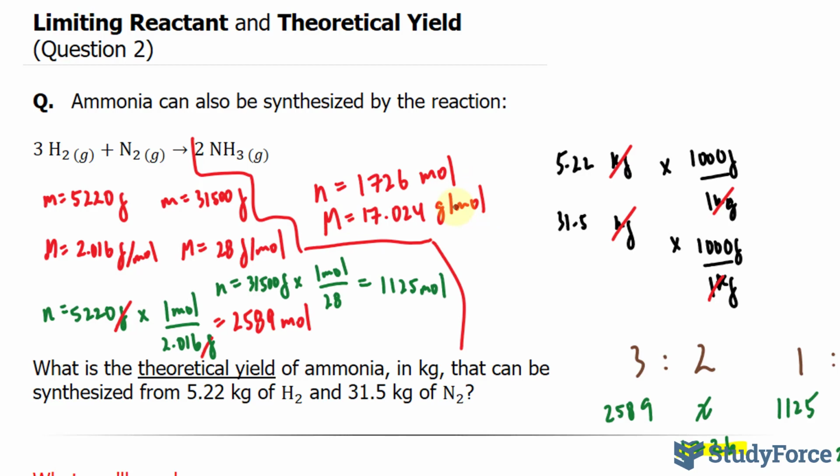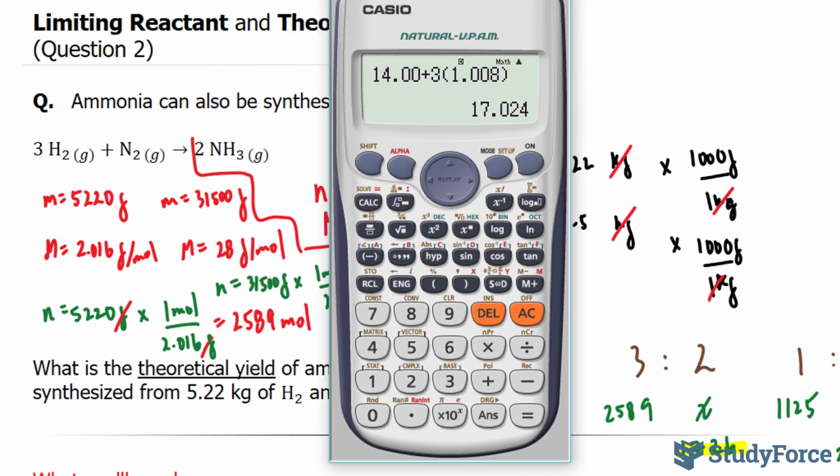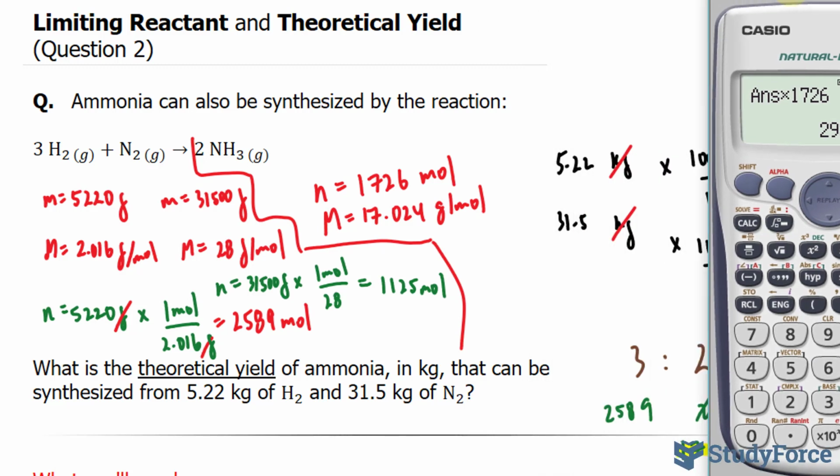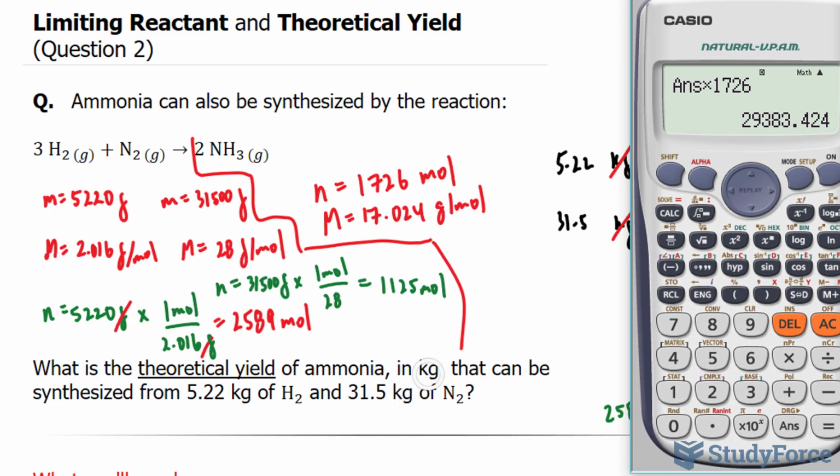Next, I'll multiply these two numbers. I'll take this number and multiply it by 1,726. That gives us 29,383. This is in grams. We need it back into kilograms because the question asks for that. To go from grams to kilograms, we divide by 1,000, and that's 29.3.